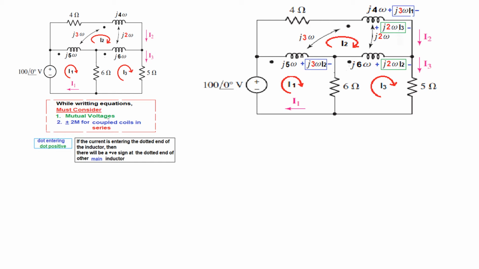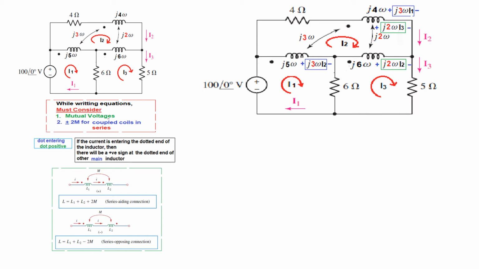Now in the next part we come to discuss the 2M terms. And what is the concept here? The concept is that if two coils are in series, that is the same current is flowing through, and the current is entering at the dotted end in both, then we add a plus 2M of mutual inductance.